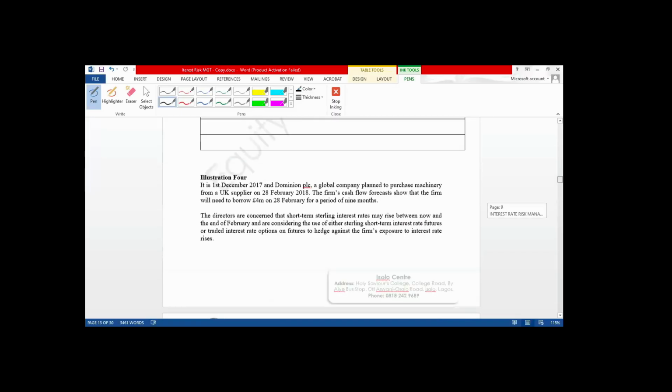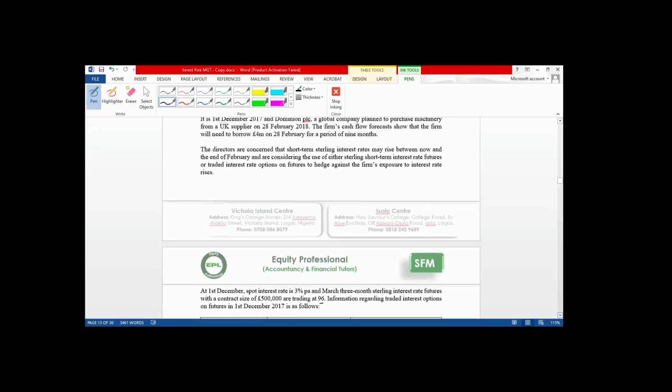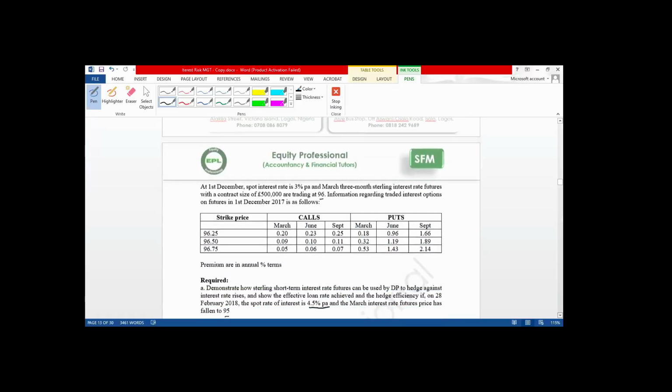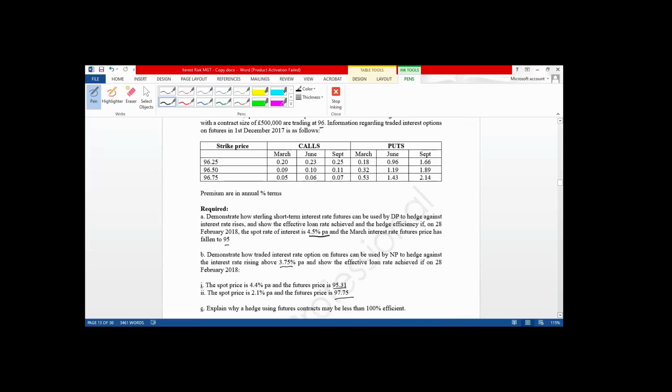Please carefully study this. We have shown the effective loan rates. Please carefully study this. Any question?